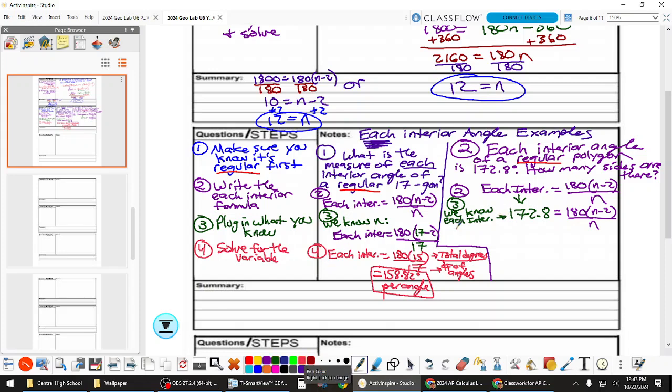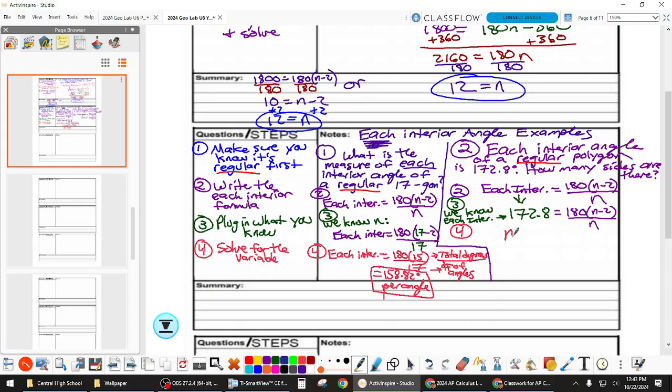Did you brush up? Well, we learned early on in this year how to get rid of a fraction, which was what? Multiply by the denominator. Yeah, great.